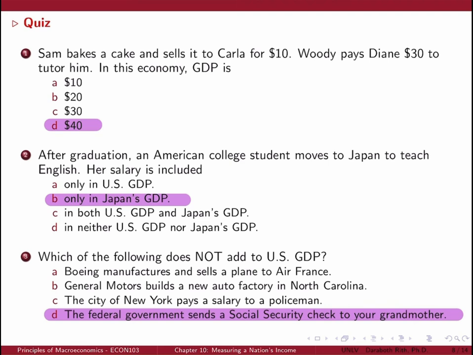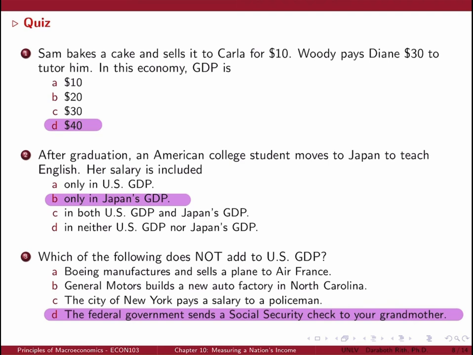Question number 3. Which of the following does not add to US GDP? A. Boeing manufactures and sells a plane to Air France. Since Boeing is a US company, this production sits in the US, so it is US GDP.